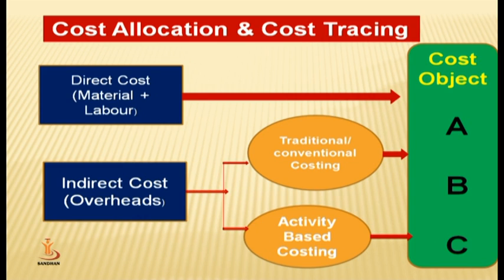So, mainly there are 2 methods to apportion the overhead cost to the cost object, products A, B, or C: either by the traditional way or by using activity based costing. Activity based costing is what we are now going to learn in detail. So from the next slide we'll see what activity based costing actually is.